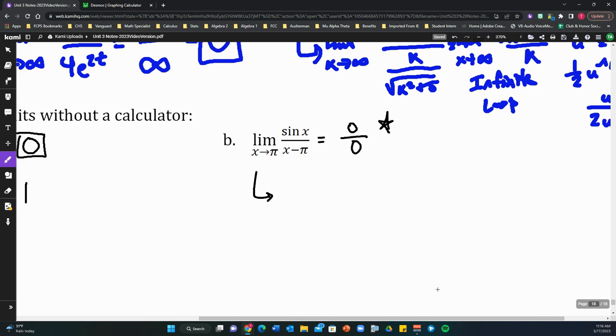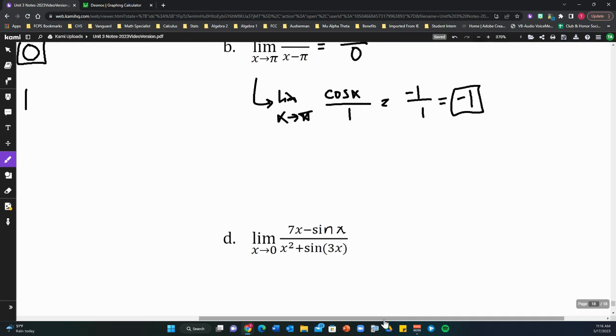So if I apply L'Hopital's, we get the limit as x approaches pi of the derivative of the top, which is cosine of x, over the derivative of the bottom, x minus pi, that's still just 1, that constant of pi doesn't change it. So now when I try substituting it again, we get -1 over 1, or -1 for that limit. So again, it's all about that first attempt with direct substitution. What do I get as a result there?